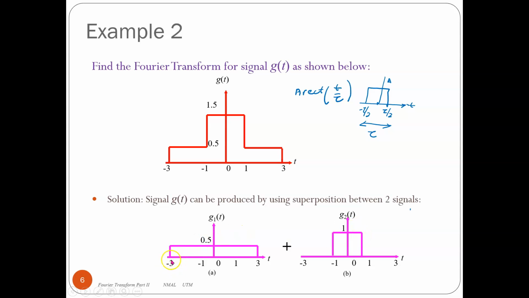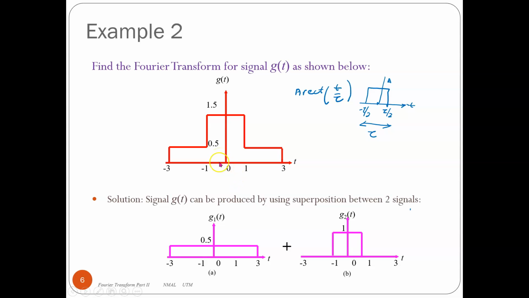If we check, from negative 3 to negative 1 there is no signal in g2(t), so we add 0.5 and 0, which is 0.5. From negative 1 to 1, here is 0.5 and here is 1, so 1 plus 0.5 is 1.5. Adding these two signals, we get this shape.